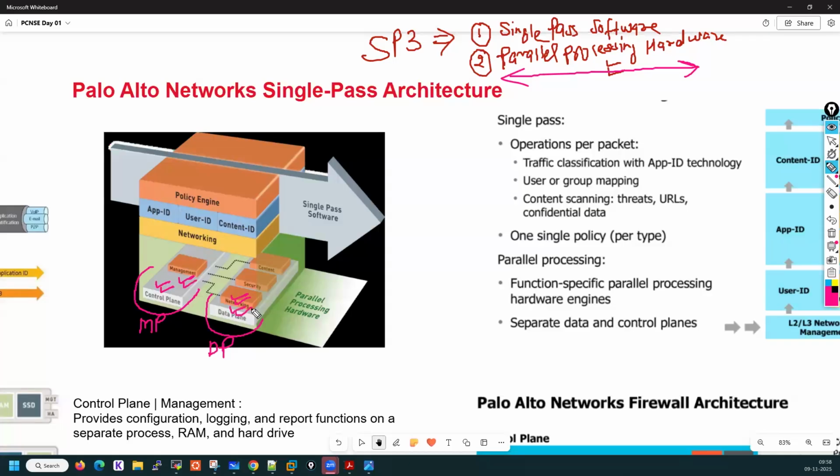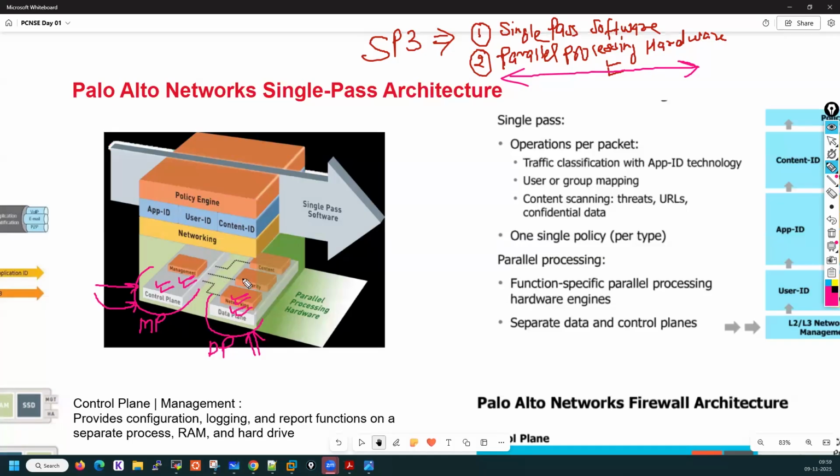Now, this management plane has a separate task to do. It has dedicated responsibilities to perform. And your data plane has dedicated responsibilities to perform. So first of all, what Palo Alto has done, they have done the segregation of management plane and data plane.